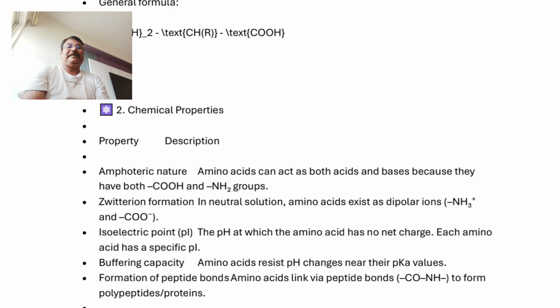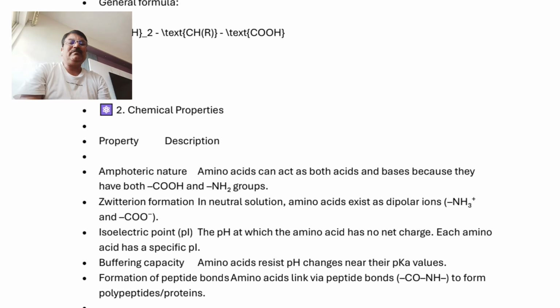Then the second important thing is that it exists in the form of zwitterion, which is neutral in nature. Amino acids exist in the form of zwitterion, that is the amino group exists as positively charged NH3 plus and the COOH group as COO minus, a negatively charged ion.